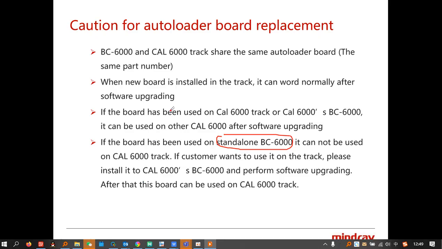It means you can swap the autoloader board between the two analyzers and the checks in the same KEL 6000.